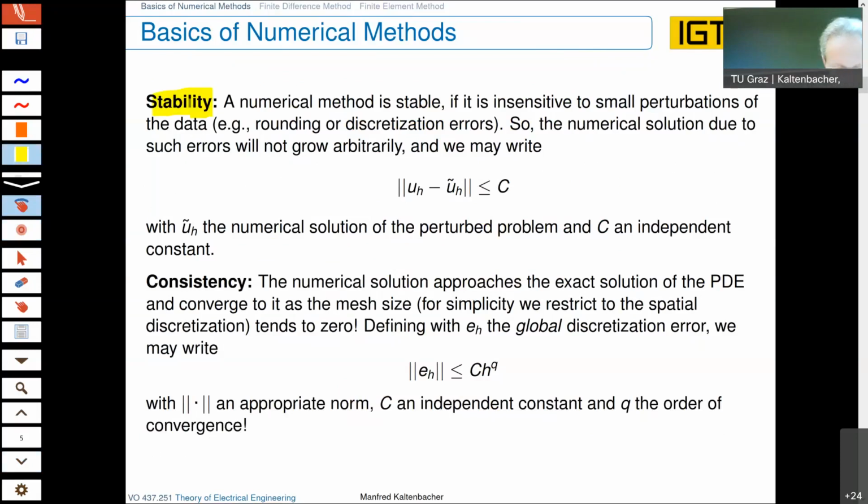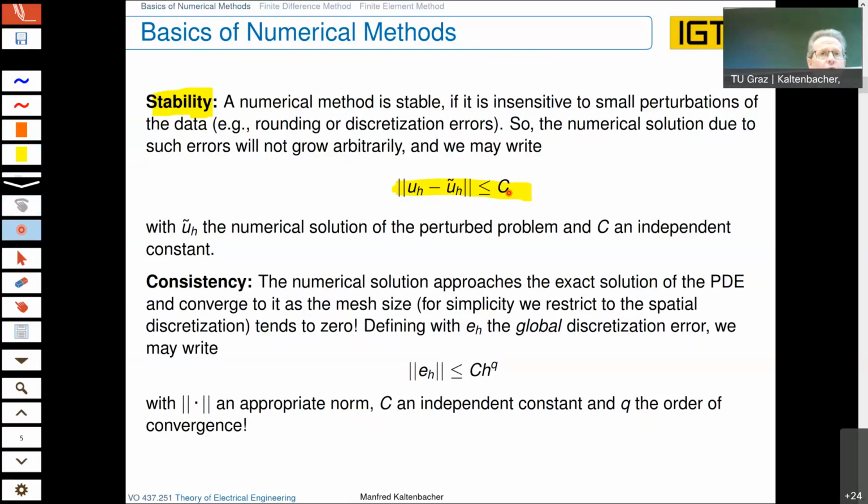And that means at the end that you fulfill such an equation, so that when you perturb your numerical solution a little bit, it will still not explode. It will be a little bit different from the undisturbed numerical solution, because as you see, again, the norm, let's take the L2 norm, should be smaller or equal to a constant. So it is not exploding.